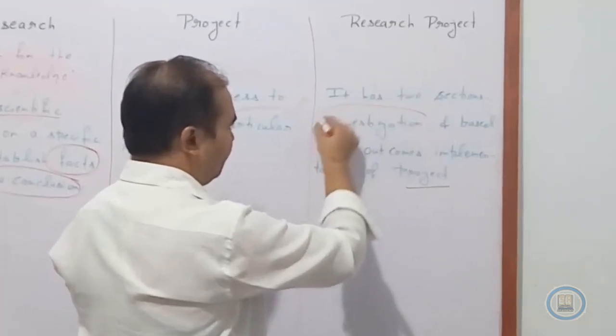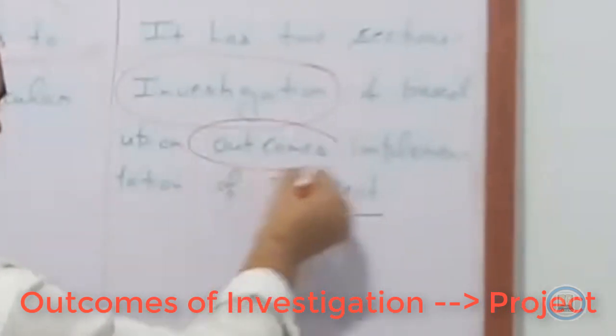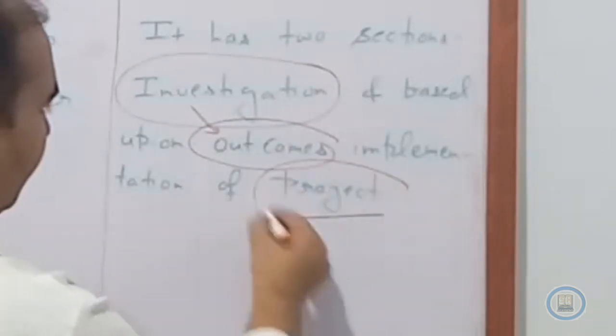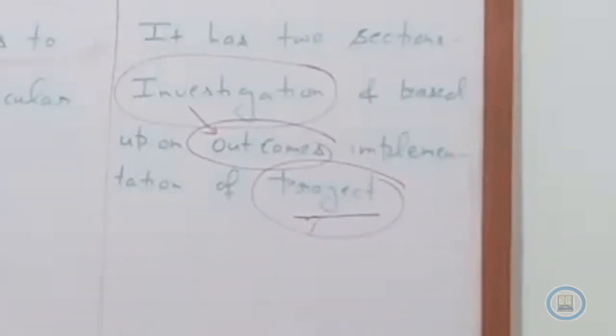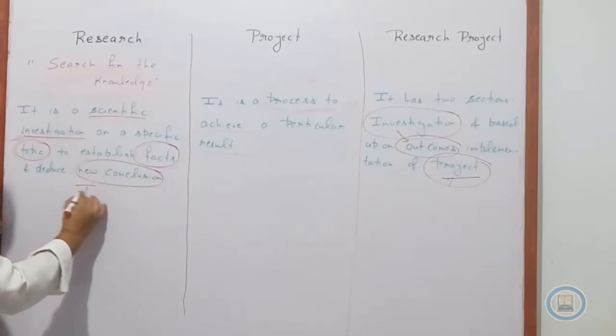First we will go for the investigation, next from the investigation we will generate the facts and deduce the conclusion, and that is our outcome from the investigation. Based upon that we will go for the project implementation. So simply we can define it as a scientific investigation.